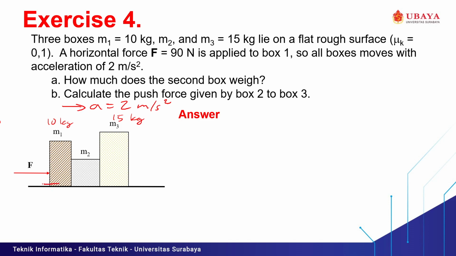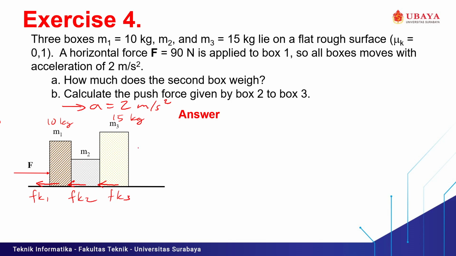I have fk1 here, then logically I have fk2 as well as fk3 over here. I won't draw the vertical forces here because they cancel out eventually. Because this is a flat surface, N equals W, so I won't draw them.